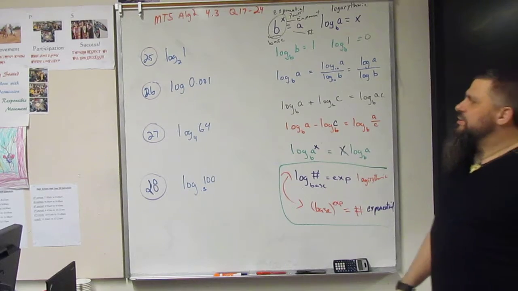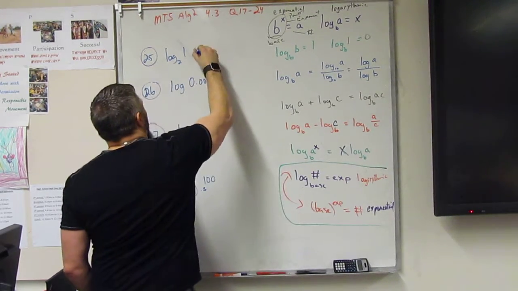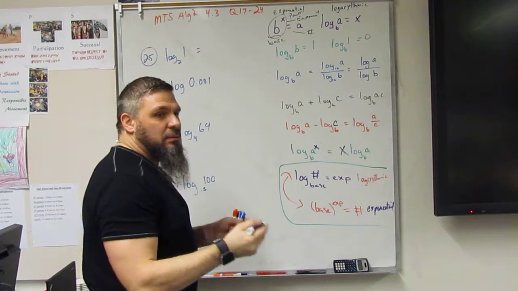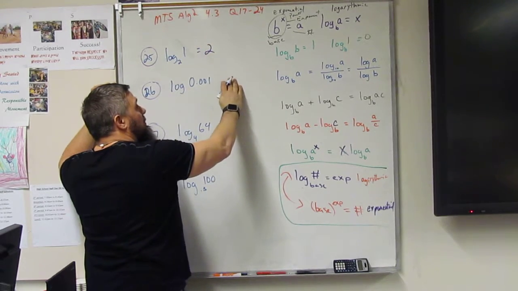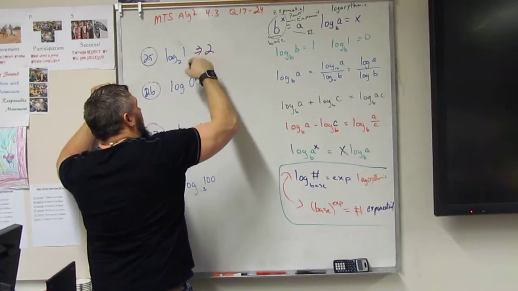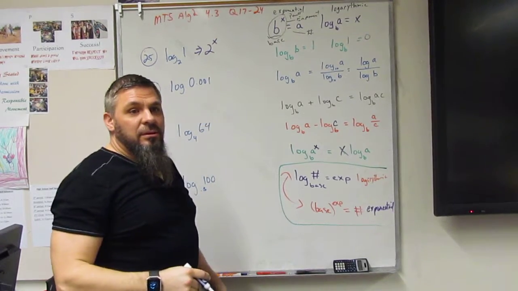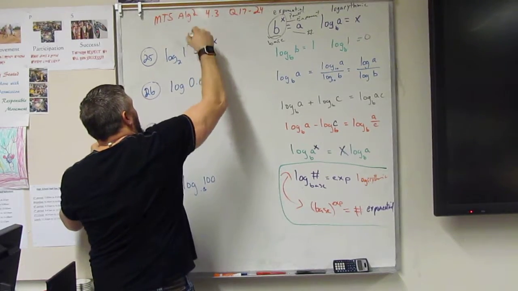Okay? So, what I want to do here is think about this in exponential form. In exponential form, what's the base? 2. What's the exponent? Not 1. It's unknown, right? We don't know it, because this equals, I don't know, right?